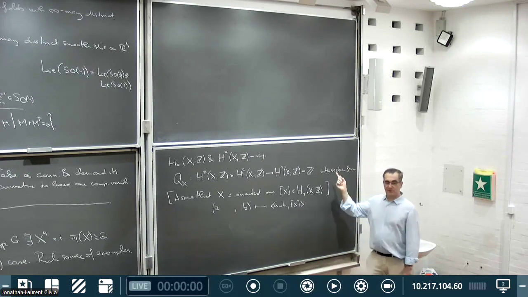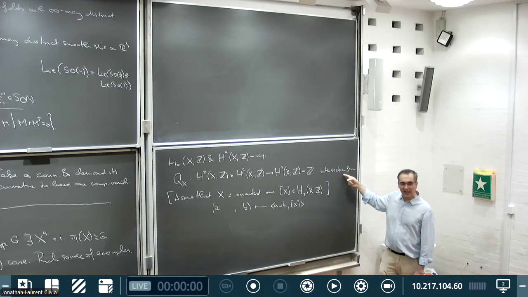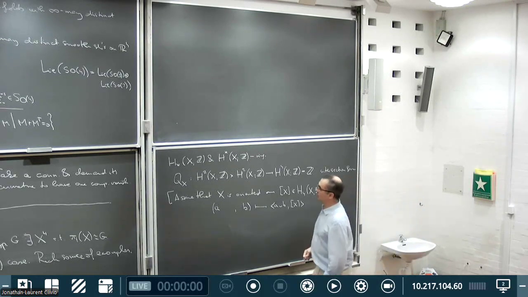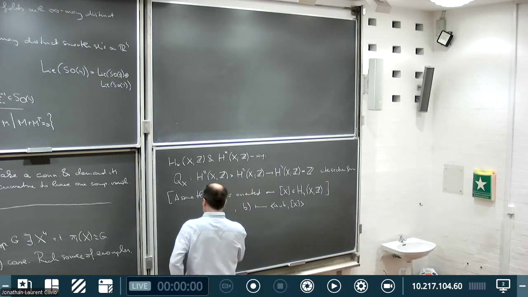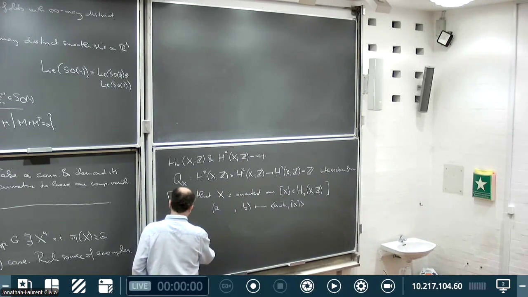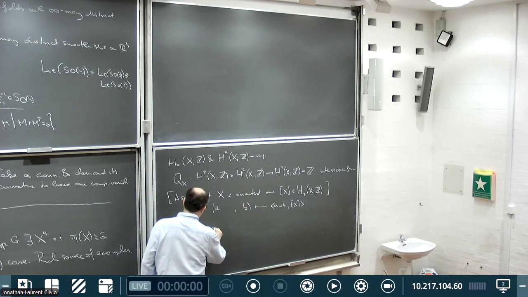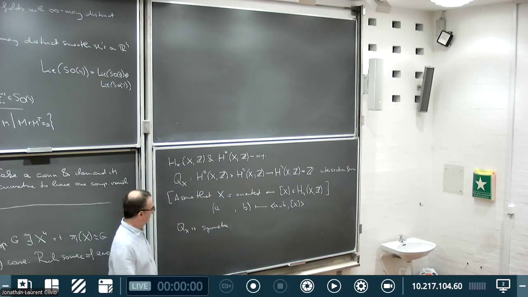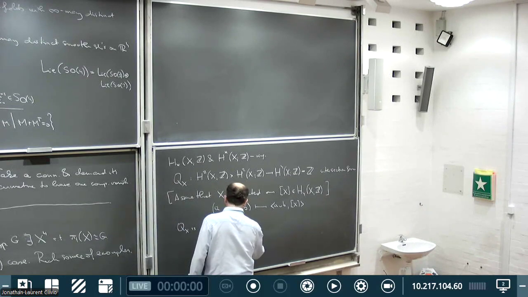Maybe I will spend a little time explaining why it is an intersection form and not a cup product form, but that's what we call it. Notice that Q_X is symmetric by the feature of the cup product. It's bilinear.